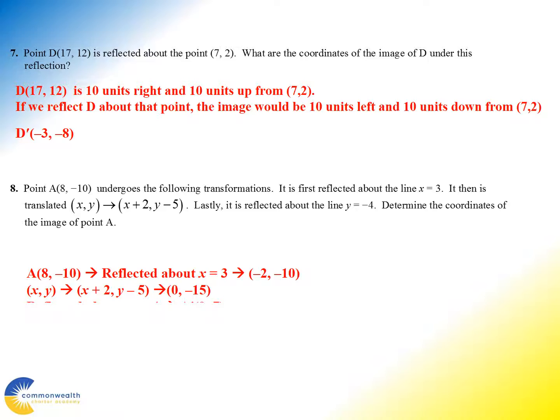This point is 11 units below the line y equals negative 4, which means the point that I end up with should be at the same x-coordinate, but 11 units above y equals negative 4, and that would put me at 0, 7. So the image of A, undergoing these three transformations in that order, would be 0, 7.